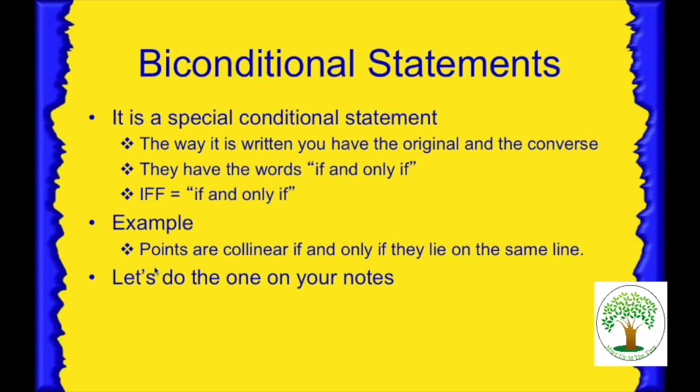So what would we write? Anybody have one? "If and only if it's noon in Georgia." We don't start off with "if and only if." Notice that the "if and only if" is in the center. It is noon in Georgia if and only if it is 9 a.m. in California. Yes, so we start off with one of them being in front. And you know what? You could have done it the other way around. You could have said, it is 9 a.m. in California if and only if it is noon in Georgia. You can, because they're both true, both directions. You would have been correct to write it both ways.